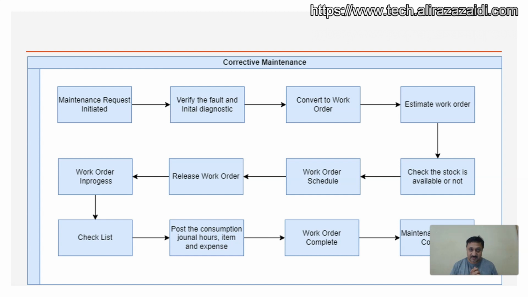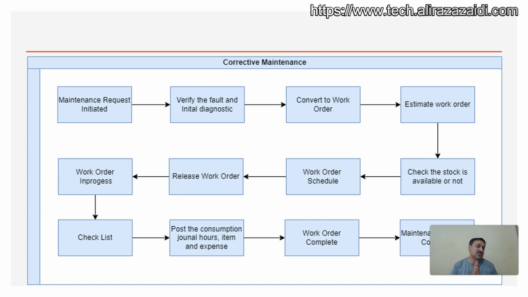After that, the technician completes the work order, and as per setup, when the work order is completed, the maintenance request is automatically completed. So this is the complete workflow process in D365 for Finance and Operations, which starts from a maintenance request, verification, and conversion into a work order.